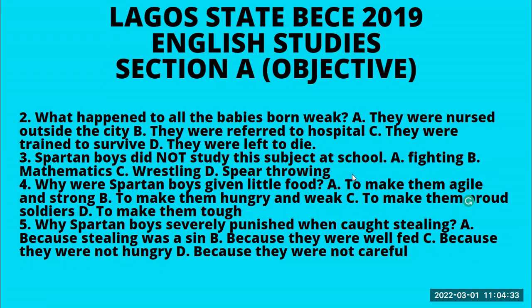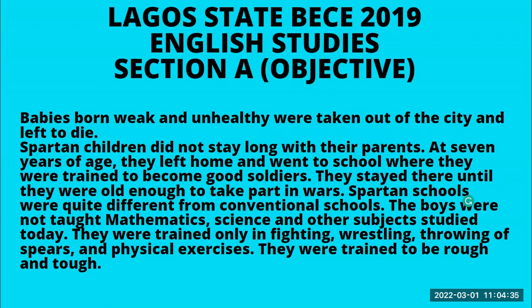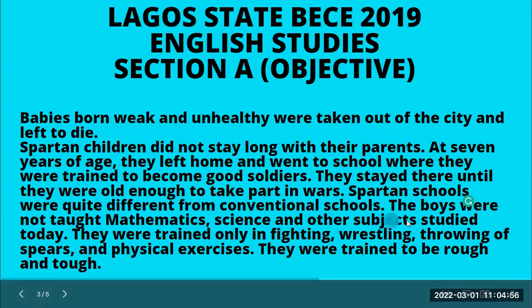Now, let's again head back to the passage and see that piece of information clearly stated. Spartan schools were quite different from conventional schools. The boys were not taught mathematics, science, and other subjects studied today.